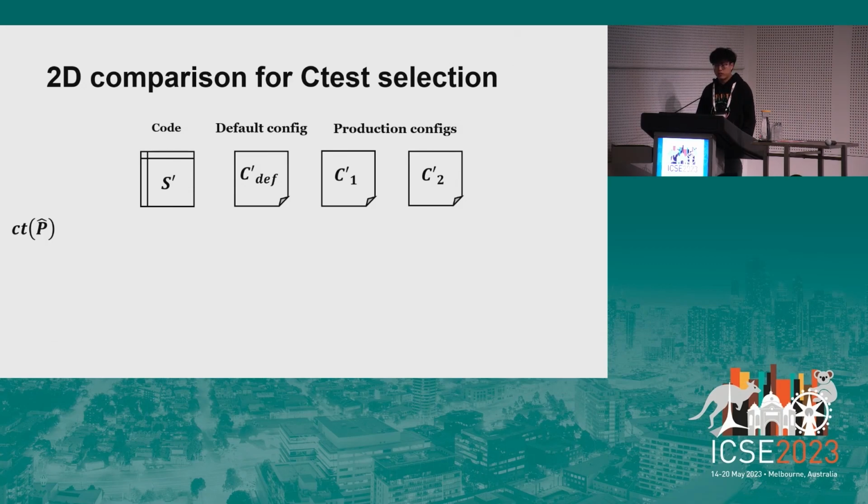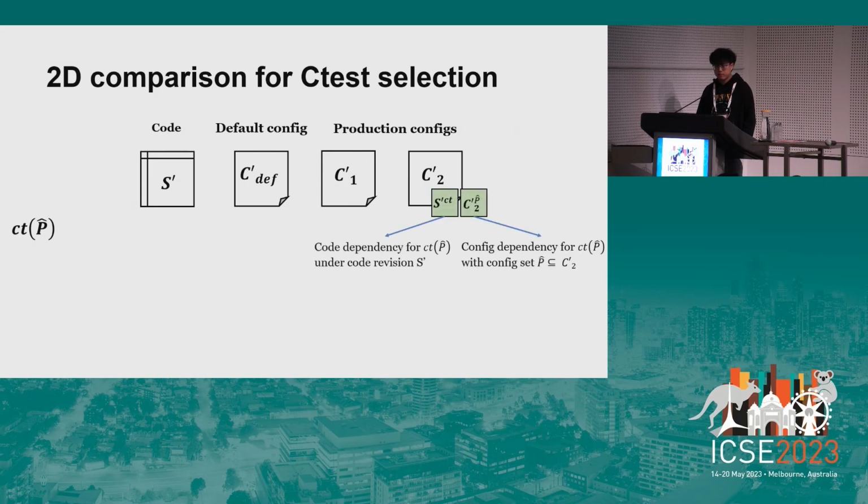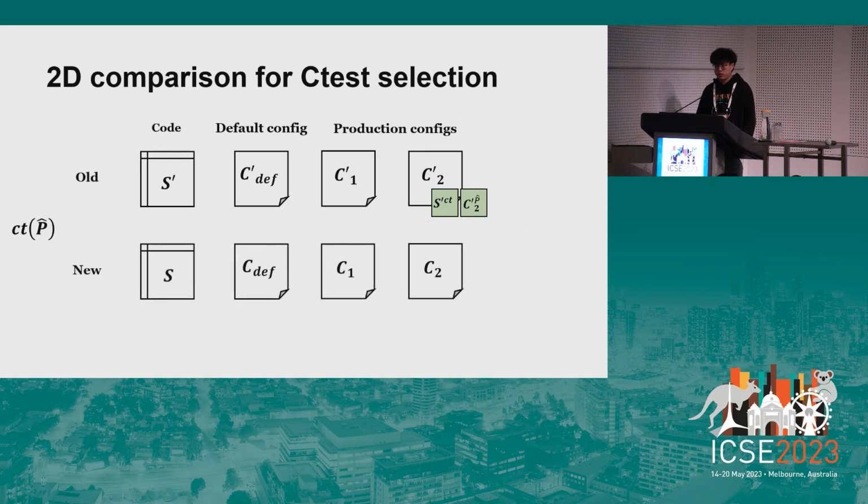For any configuration setting, we have code dependencies and configuration dependencies. When new code and configuration changes are introduced, URTS will first compare its dependency with the recalculated dependency under changes. This step is called vertical comparison.